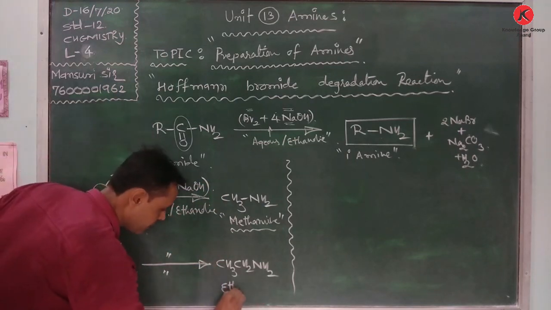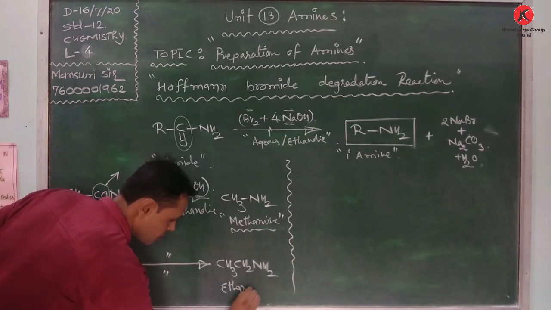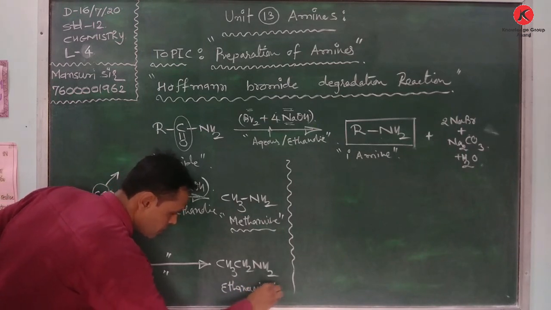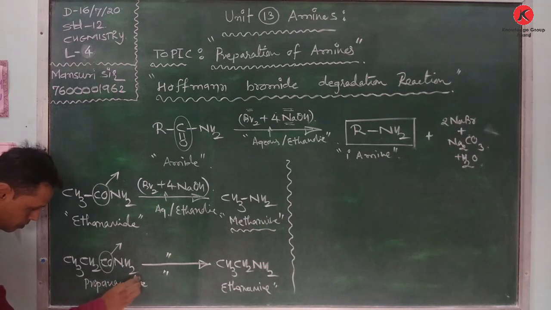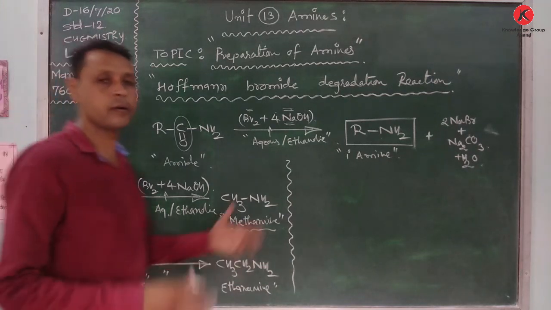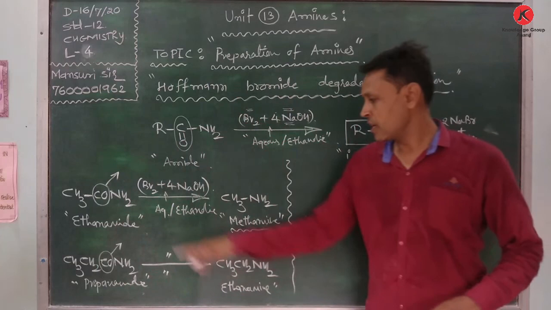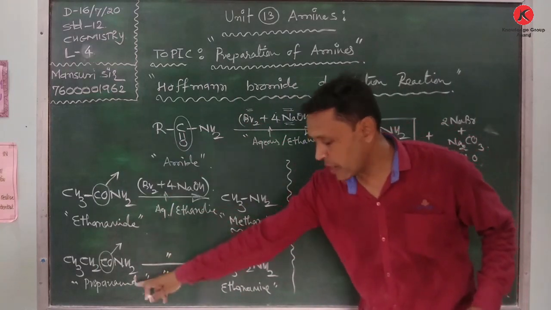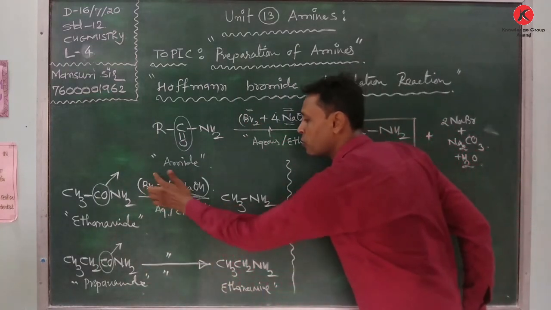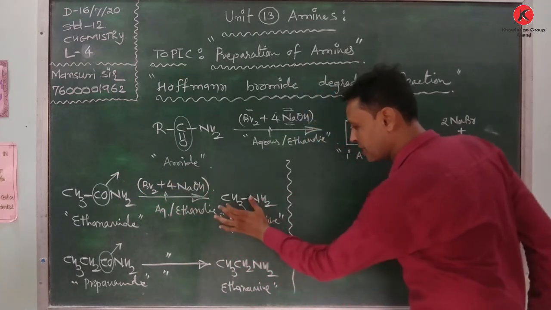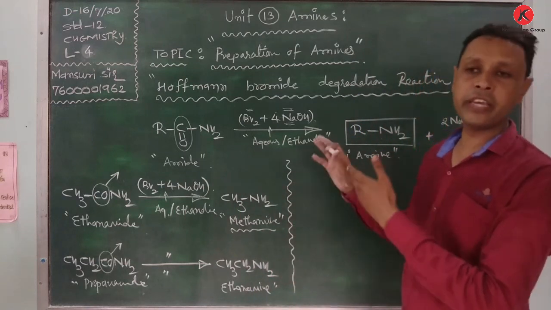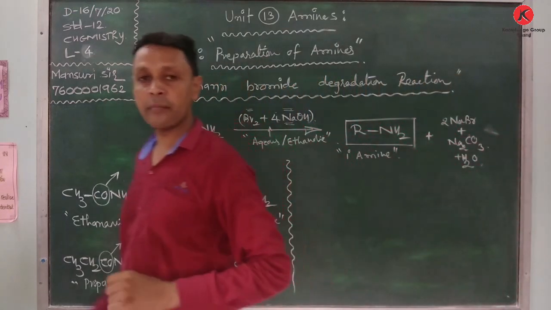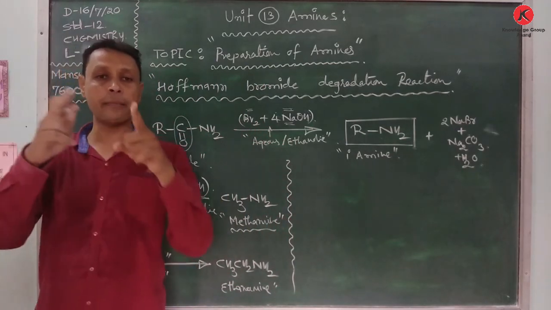This is ethanamine. So this is my aliphatic amide. Ethanamide and propanamide react with the mixture of Br2 plus 4NaOH, then methanamine and ethanamine are obtained. By this reaction, we have one less carbon in the amine than in the amide.